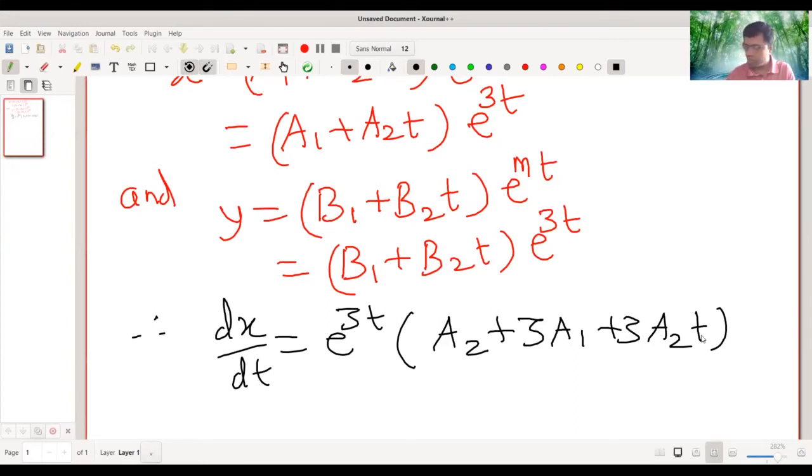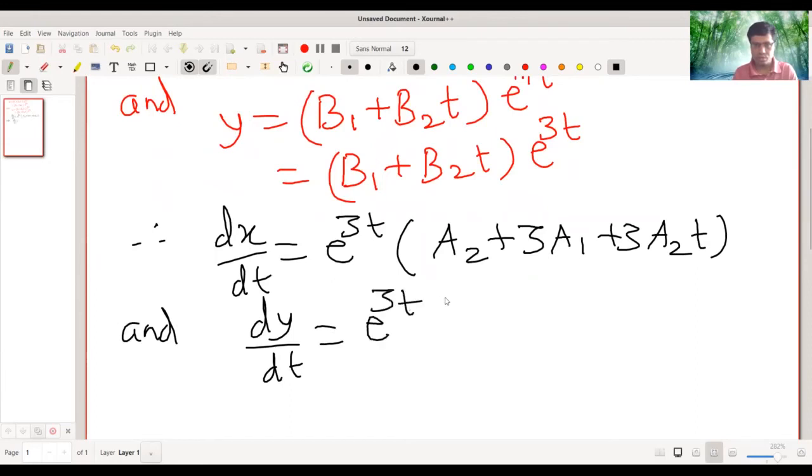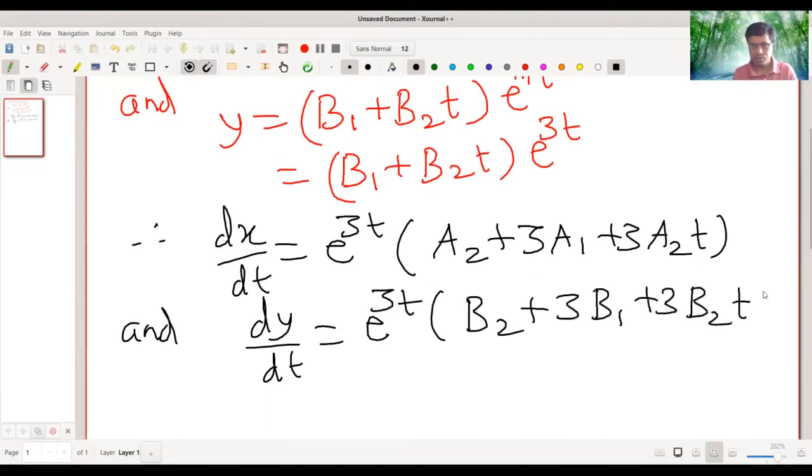Now dy by dt is again e raised to 3t into b2 plus 3b1 plus 3b2t.